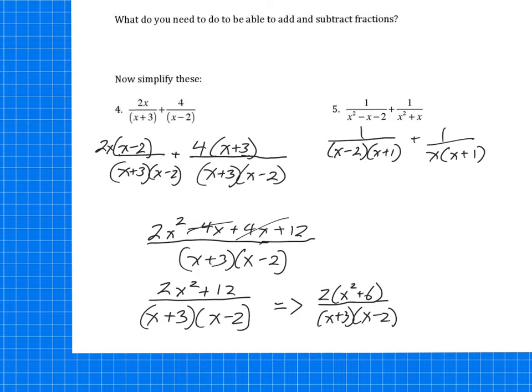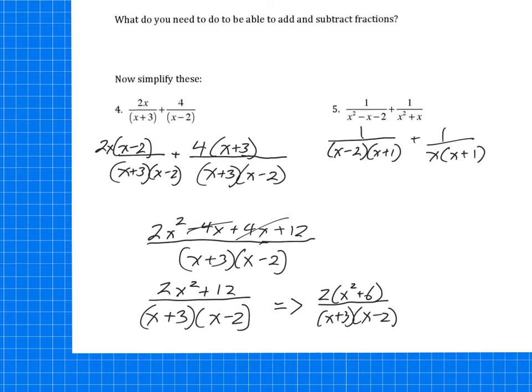Okay, so we need the LCD again. Do you get my rule for finding the LCD? One of each factor. We have 3 different factors here: x minus 2, x minus 1, and x.